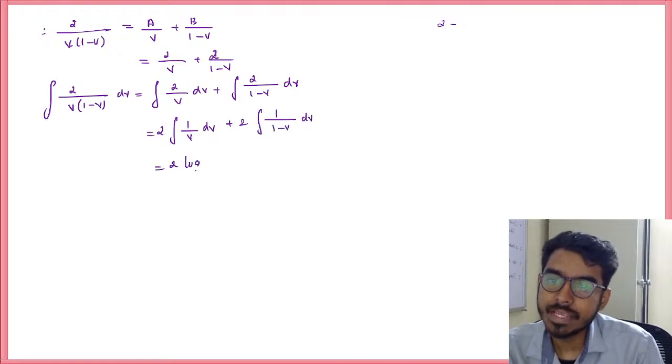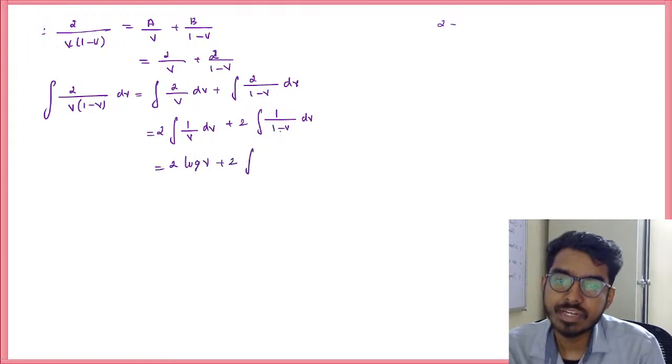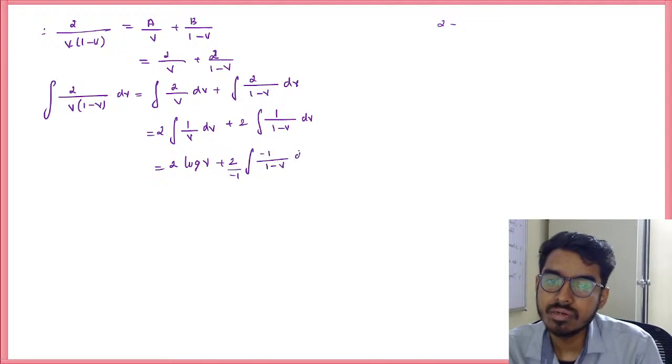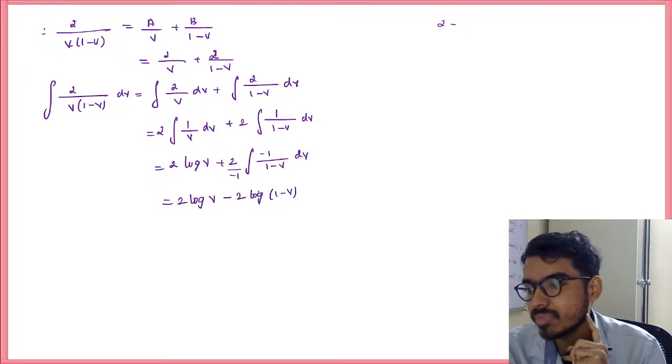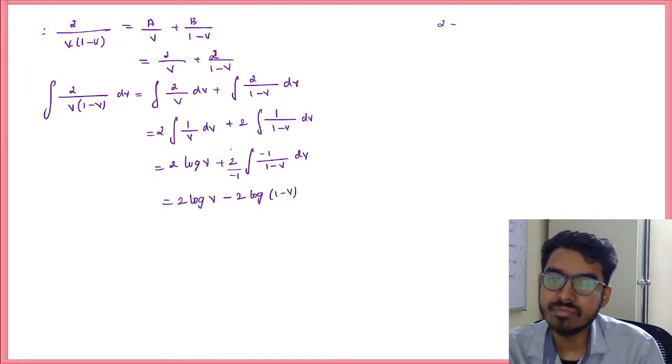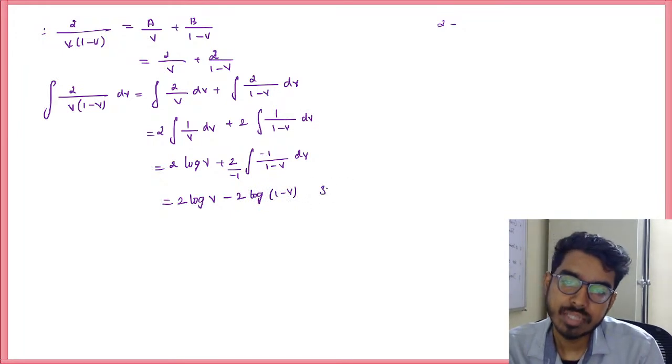This will be 2 times log v. Here, if I differentiate 1 minus v, we will have minus 1, but the minus is missing, so we multiply and divide by minus 1. So this will be 2 times log v minus 2 times log of 1 minus v. This is the integral value. So substitute in star.